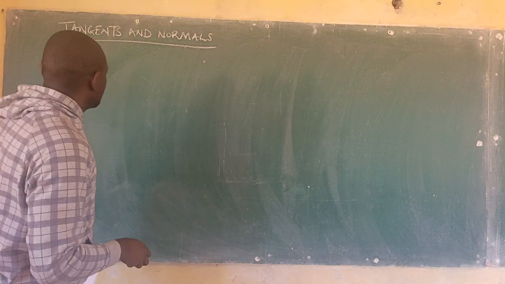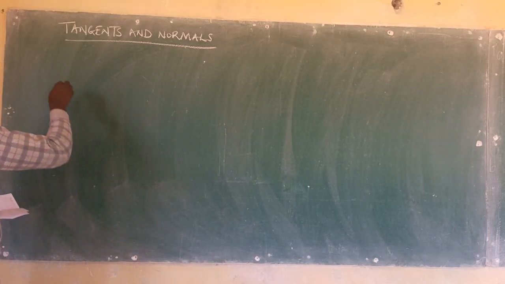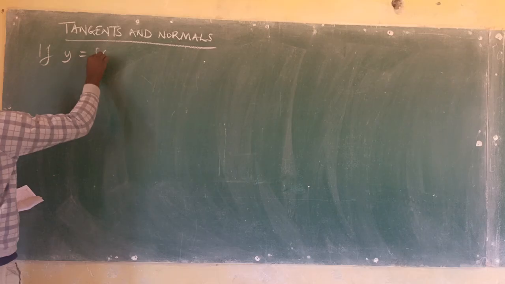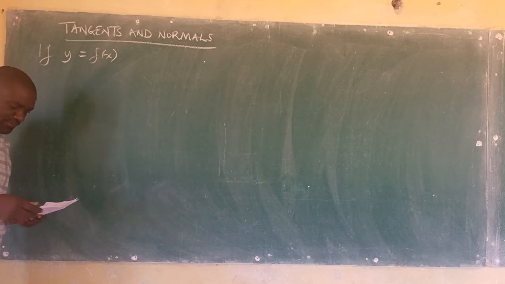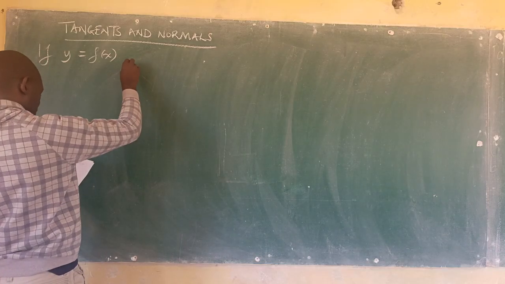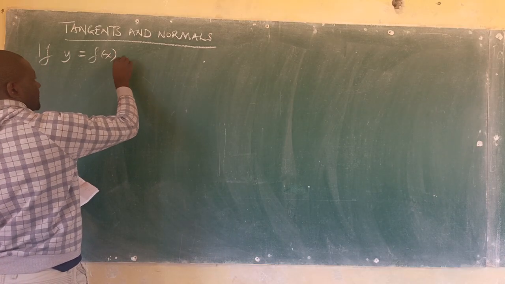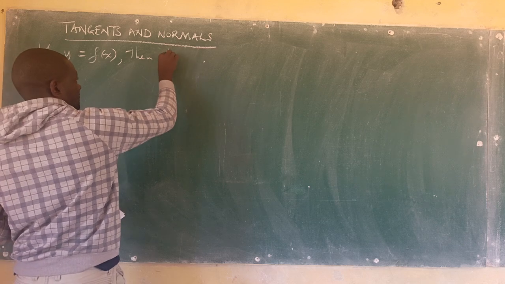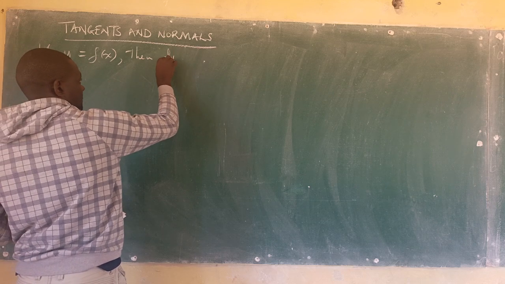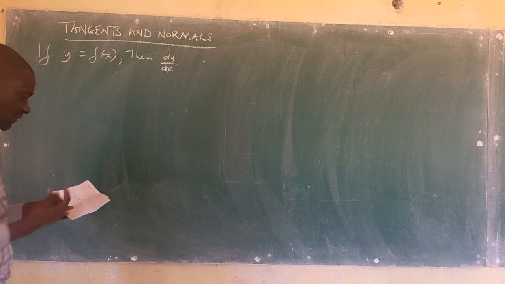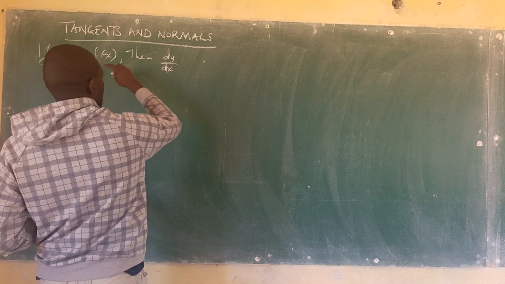So basically the situation that we have, let's say we have y equals f of x as the curve, or the function. If this is the equation of the curve, then dy dx, if we differentiate this, what we are going to get is the gradient function for that function.